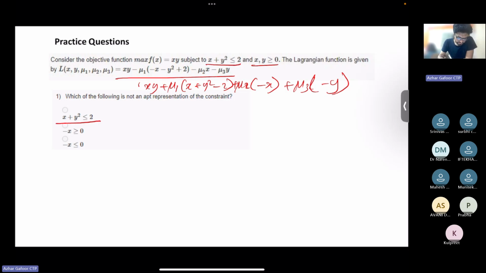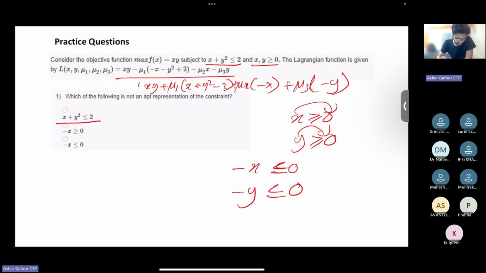Then the other constraints are x greater than or equal to 0 and y greater than or equal to 0. To convert that into the standard form, let's take the x to the other side and y to the other side. So it will be minus x less than or equal to 0 and minus y less than or equal to 0. So the not apt representation of the constraint is option B.